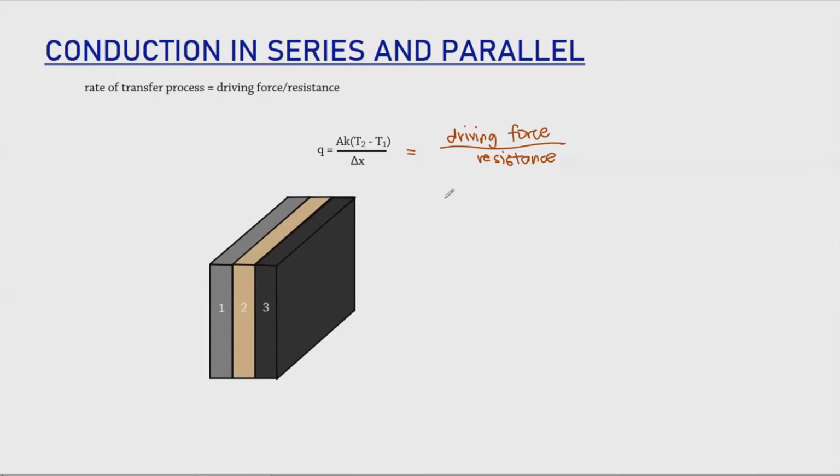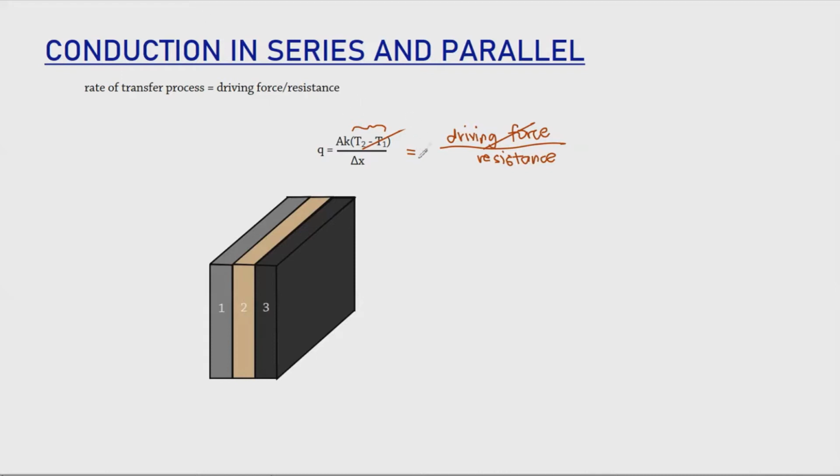As we have mentioned before, in a transfer, the driving force is always the temperature. In this case, T2 minus T1 is our driving force. Going back, since we've already cancelled T2 minus T1 being the driving force, we just need to find the resistance, and this will play a very vital role in our generation of the equation for our series and parallel conduction.